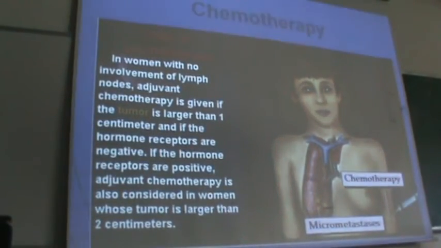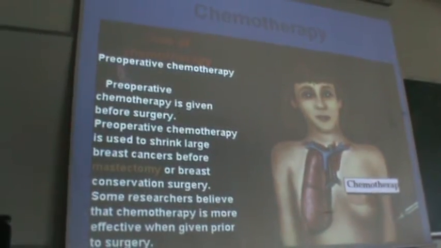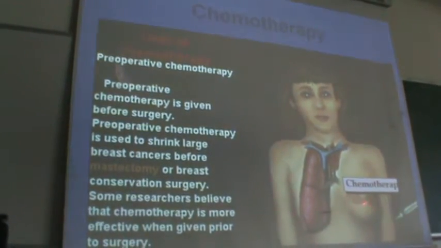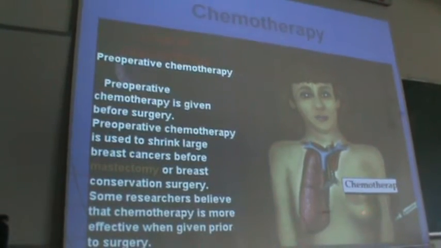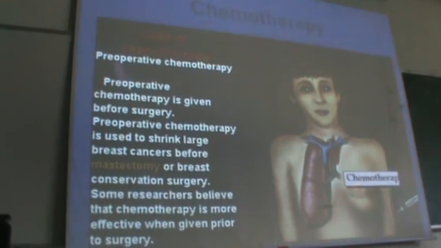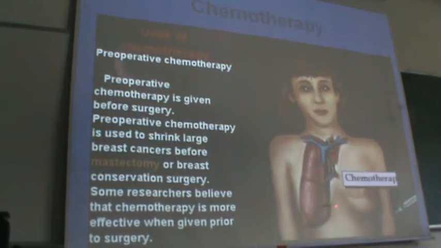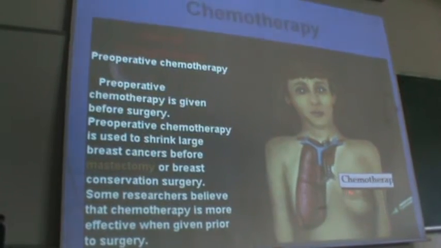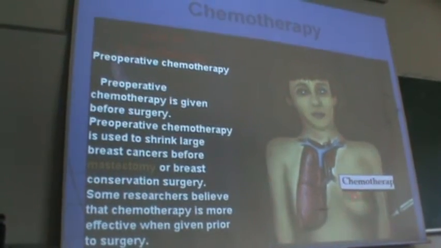Is there any tumor? For example, this patient has a big tumor here. We can start giving chemotherapy before surgery, in order to reduce the size of the tumor, so that instead of doing mastectomy for this patient, we do wide local excision.